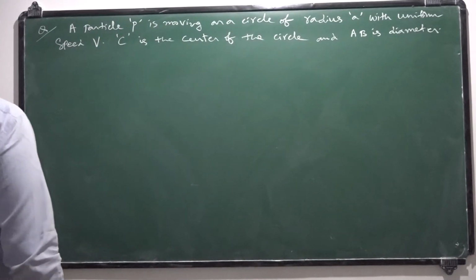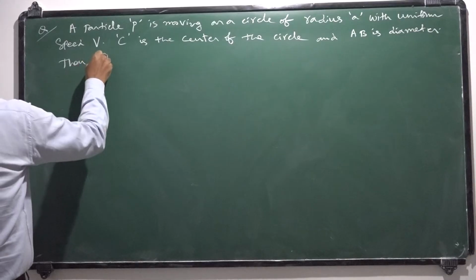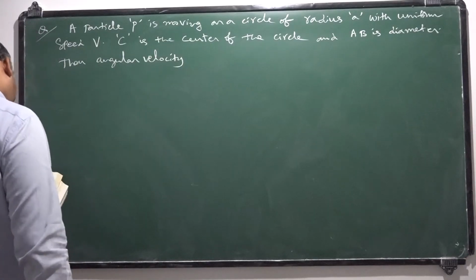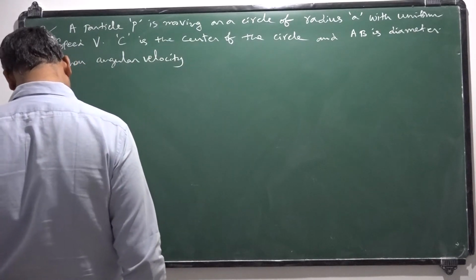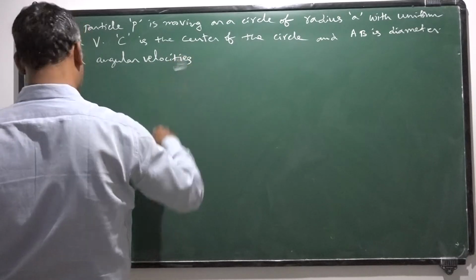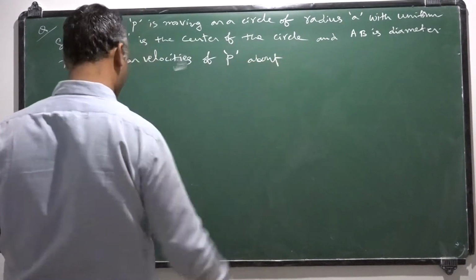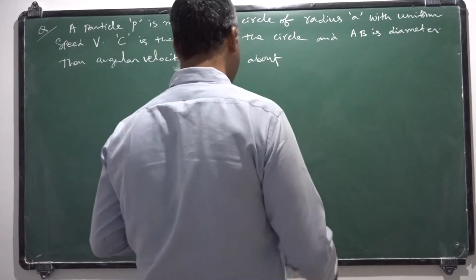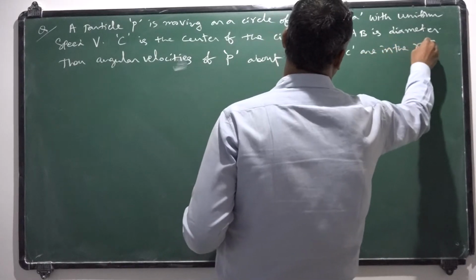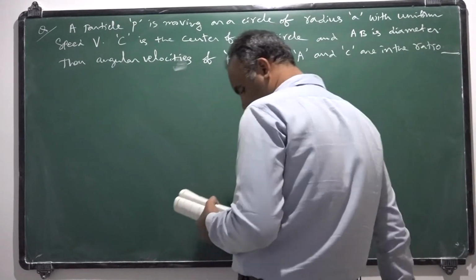The angular velocities of P about A and C are in the ratio dash. This is the question.